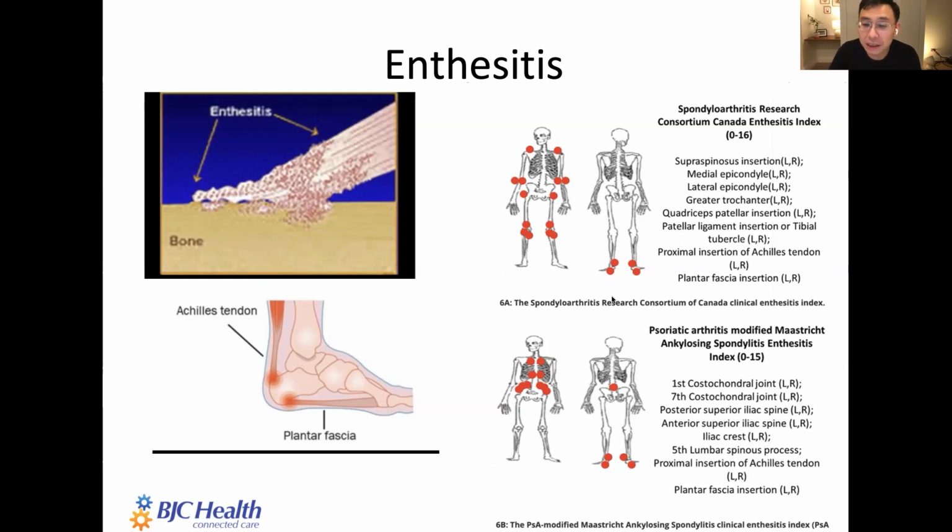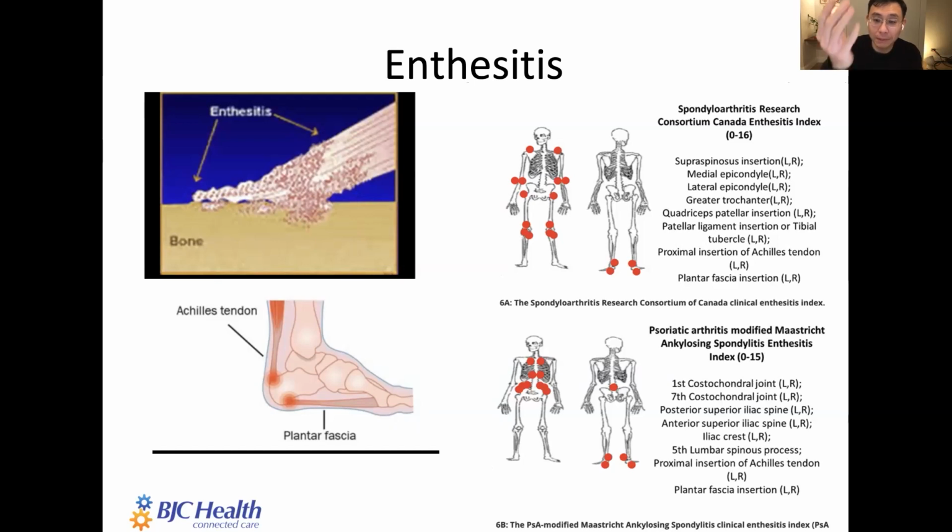You can get enthesitis in other parts of your body. So that's a little diagram to summarize where you can get it. You can get it in the lumbar spine between the bones. You can get it over the edge of the pelvis, the bony bit where all the ligaments and tendons stick onto the pelvis. You can get it around the knee.